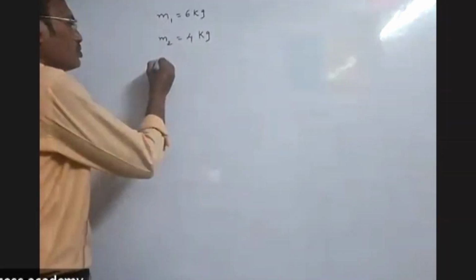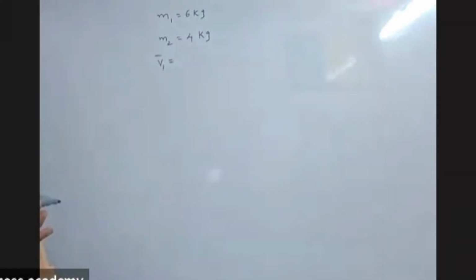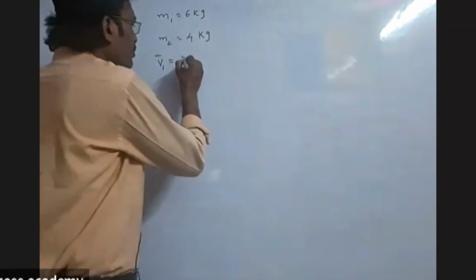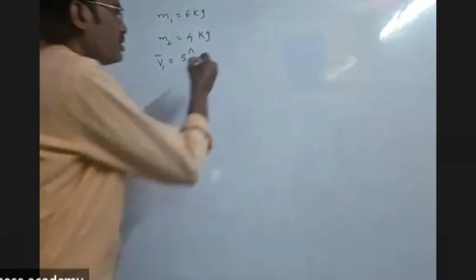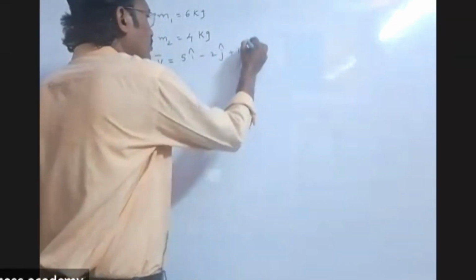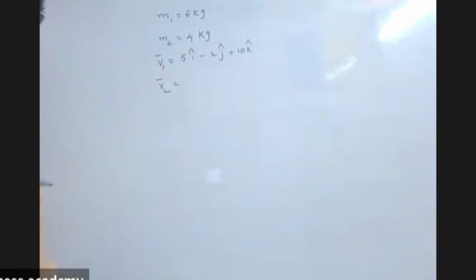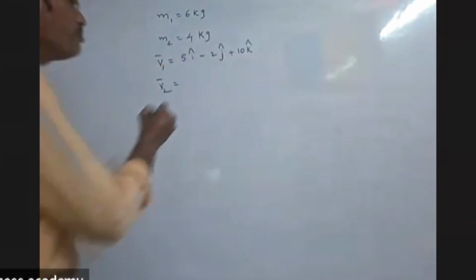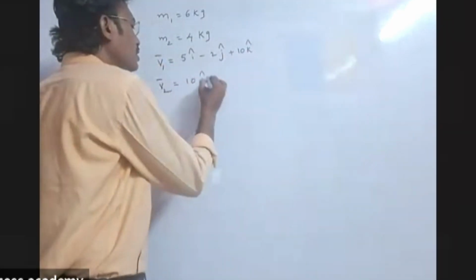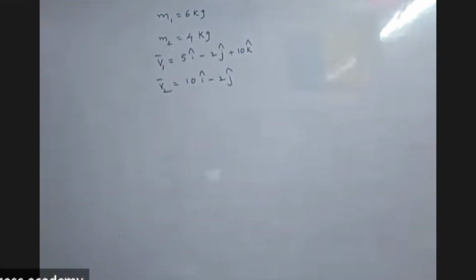V1 is given in the form of a vector. So V1 bar is equal to 5i cap minus 2j cap plus 10k cap. And another velocity of the particle, V2 bar is equal to 10i cap minus 2j cap plus 5k cap.